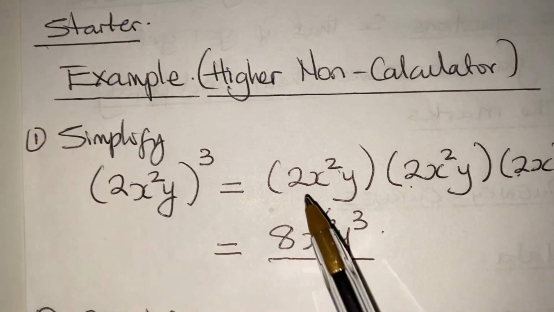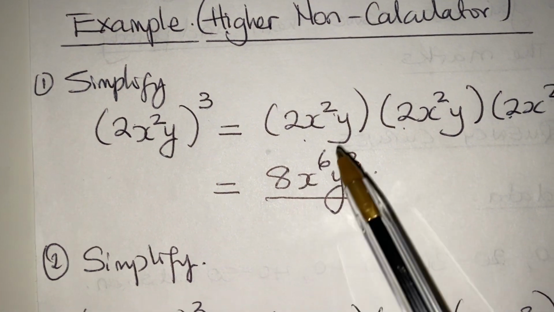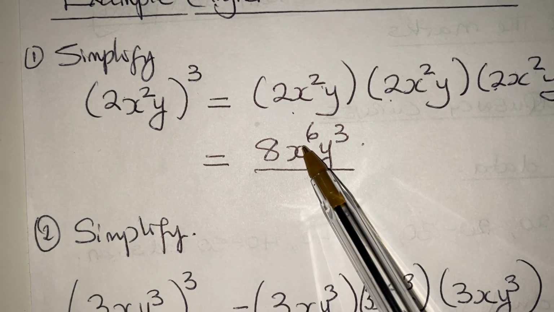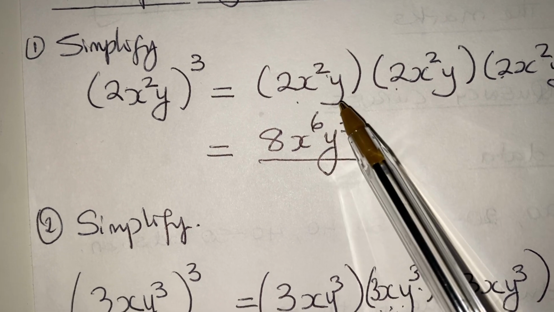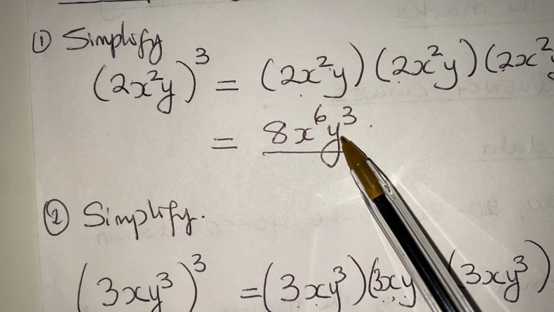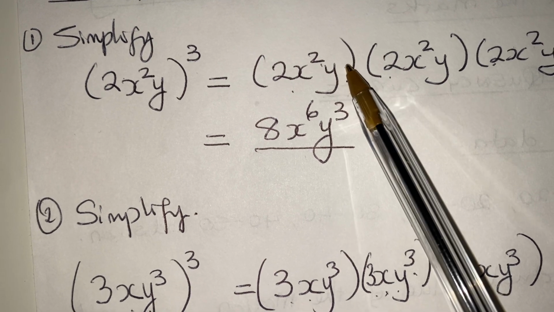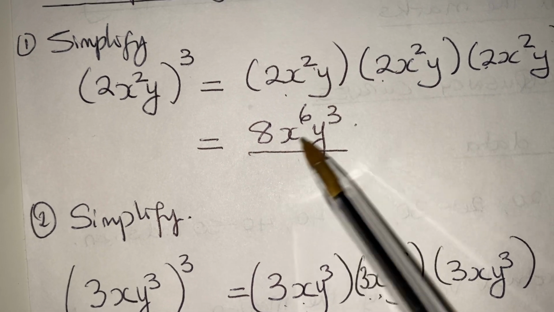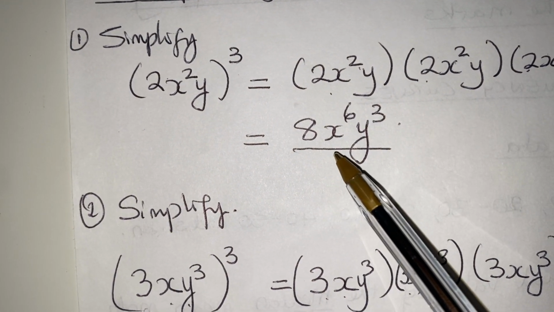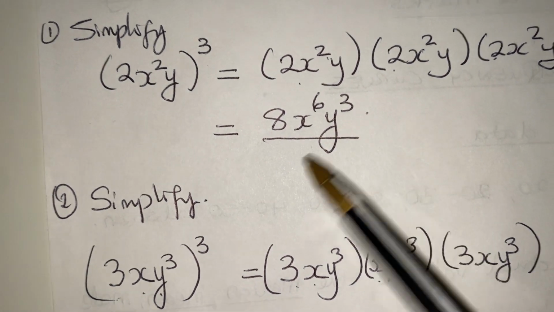Now 2 times 2 times 2 is 8. X squared times x squared times x squared is x to the power 6. Y times y times y is y to the power 3, because y is y to the power 1. We don't write the 1, but this is how it is. So your answer becomes 8x to the power 6 y to the power 3. So you simplified.